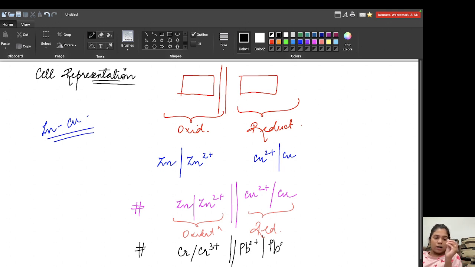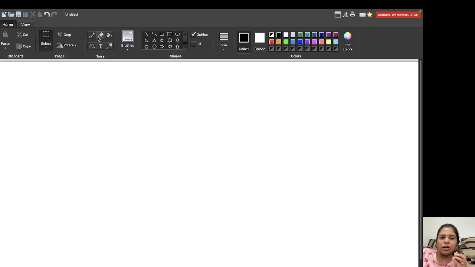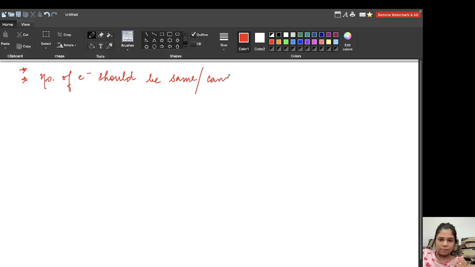Now in cell representation, one most important topic which you need to be aware of is the number of electrons should be same. Or you can just say the number of electrons should get cancelled.